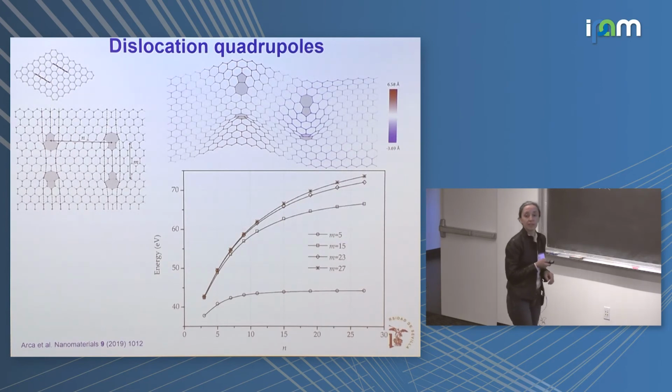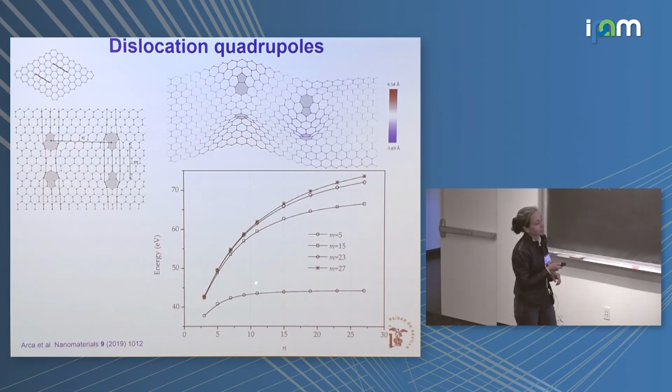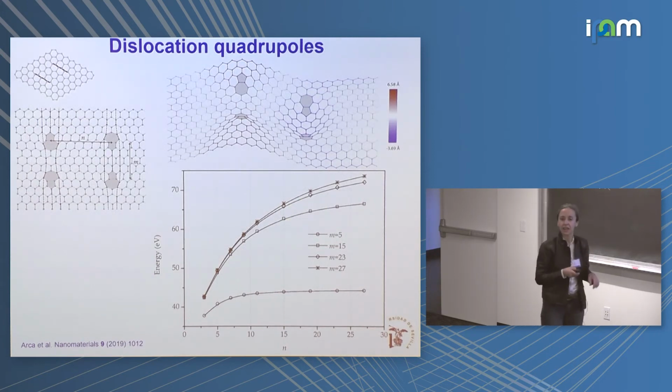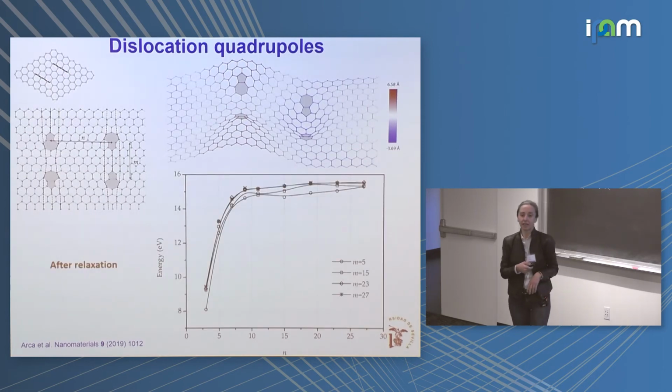And if you plot the energies before relaxation, you are going to see that when this distance m is 5, this is the profile of the energy as a function of n, this other distance. Whereas for these values of m, you have these much higher energies. But this is just happening before relaxation.